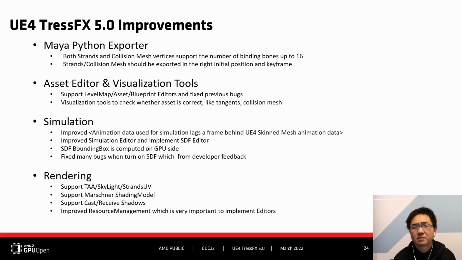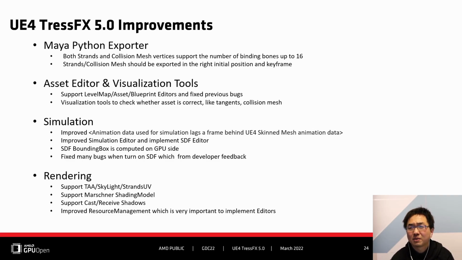Here is the overview of improvements in 5.0 version. As for the exporter, now we support the number of binding bones up to 16, and developers should be clear about how to select the right keyframe before export.